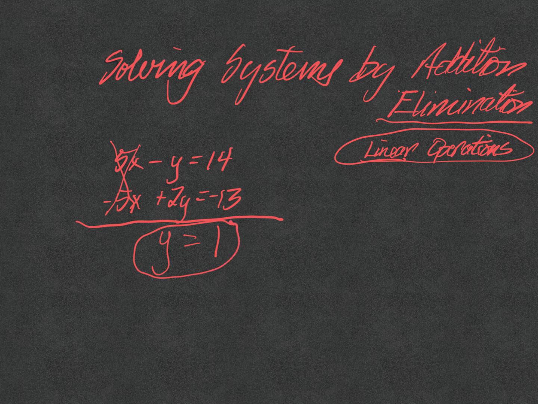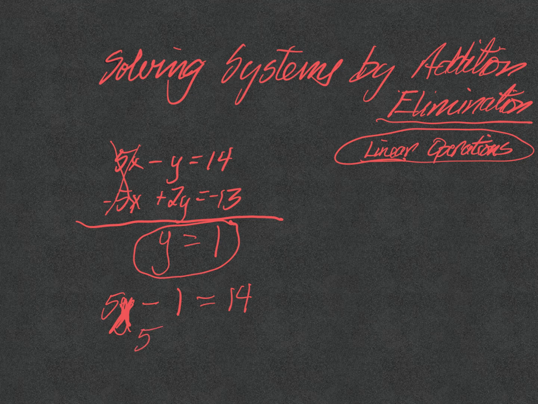Once we know that, we can proceed like we did with the substitution method. We take 5x minus 1 equals 14, grab one of the equations, and solve that equation for the remaining variable.